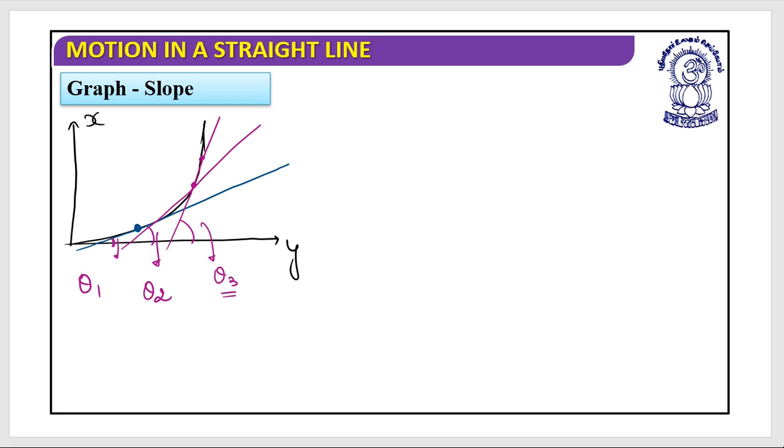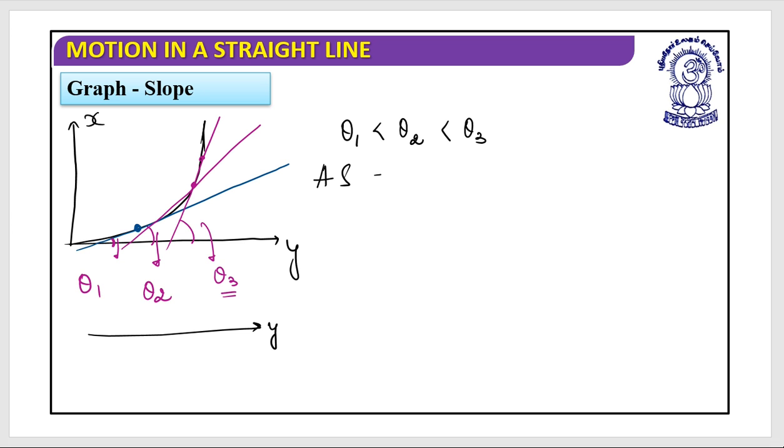By observation, theta 1 is less than theta 2, which is less than theta 3. That means if you are moving towards the y, your theta increases.